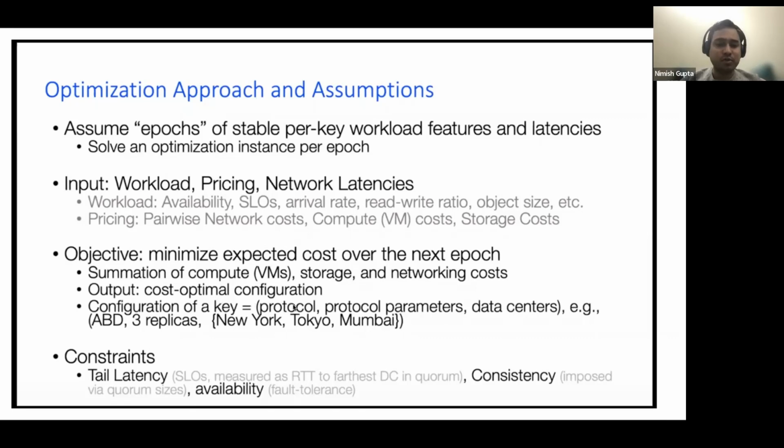It consists of which protocol to use, ABD or CAS, protocol parameters that would include how many replicas to use and how big the quorum is, and which data centers to use for the quorum. And the constraints for optimization are latencies, consistency requirements, which are imposed via quorum sizes, and availability, which is fault tolerance.